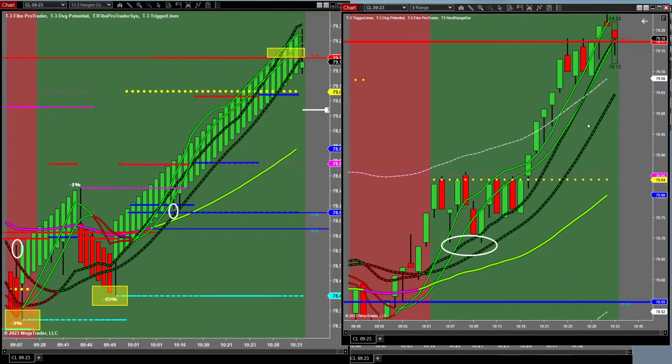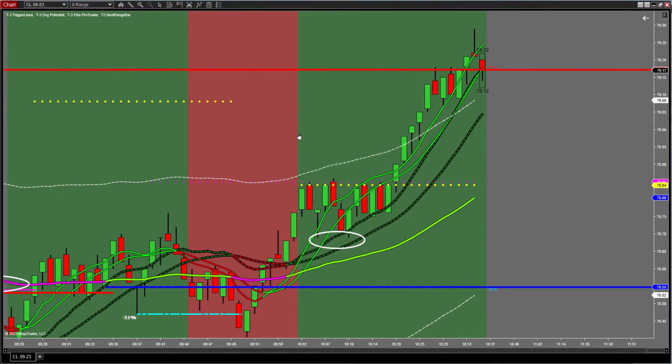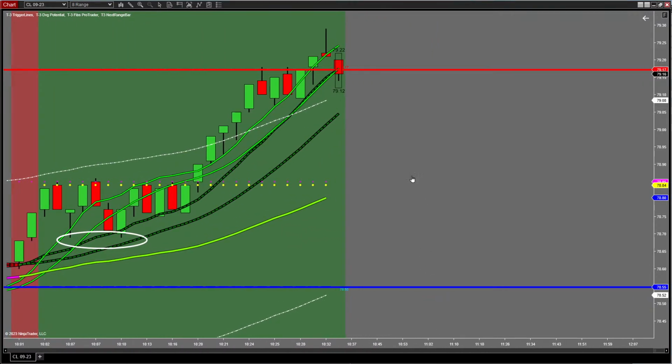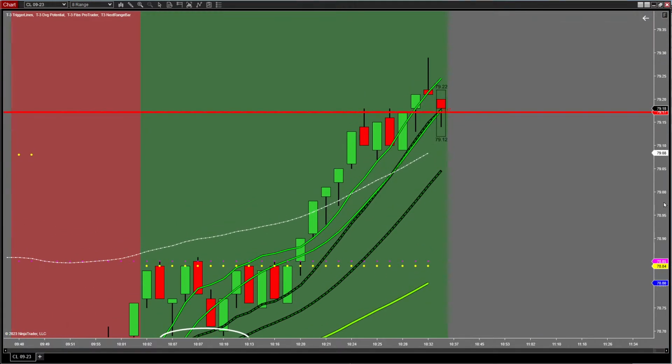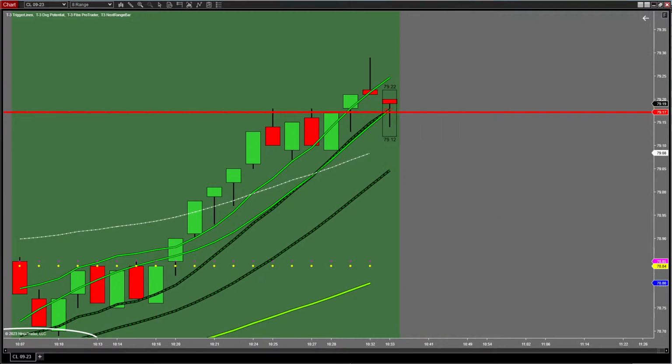All right, so now I want you guys to answer a question. We're going to do it with just a range chart because you're not used to it. I want you to tell me when this fib may hold based on small trigger lines. Tell me what you think about that fib. Is it going to hold? Yes, no, or maybe?